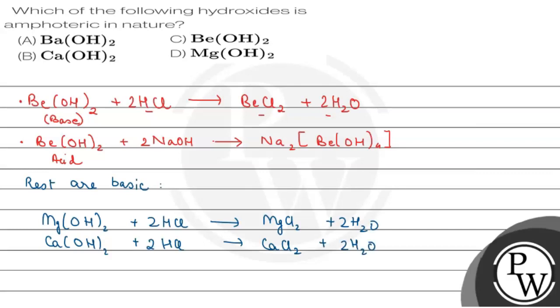And in the same way, the last hydroxide, which is barium hydroxide, Ba(OH)2 plus 2HCl gives barium chloride plus water. Okay, so all these are too basic and they only act as basic hydroxides and react with hydrogen chloride or acid to form salt and water.